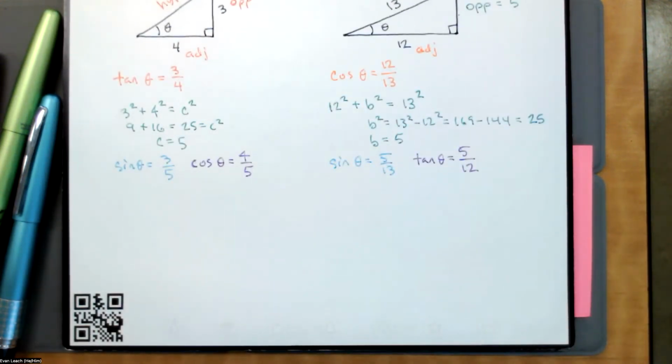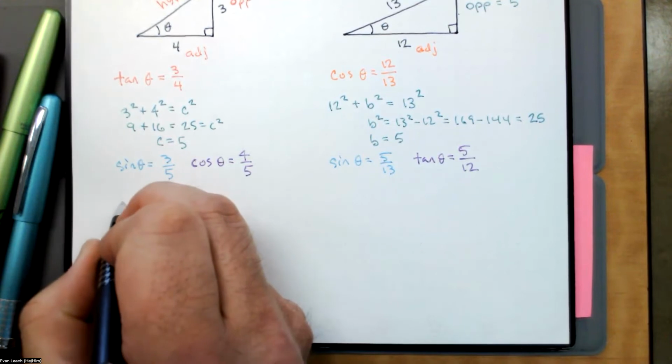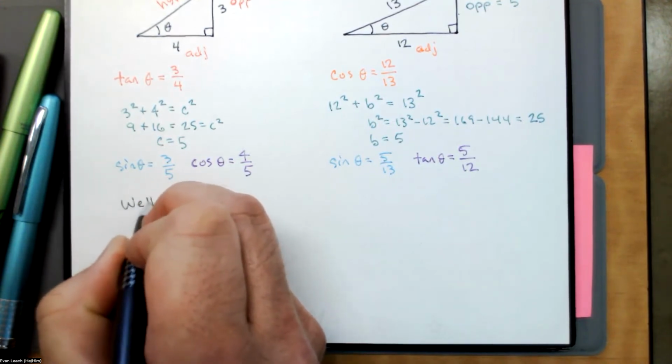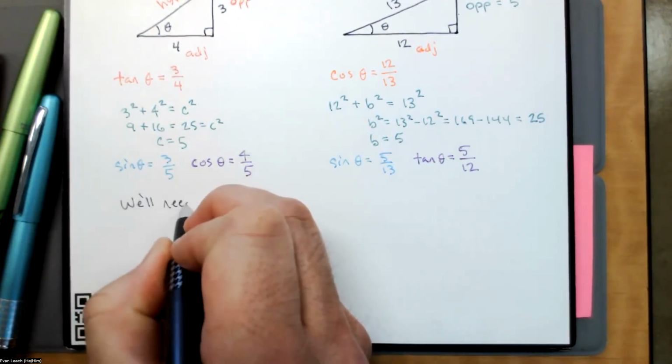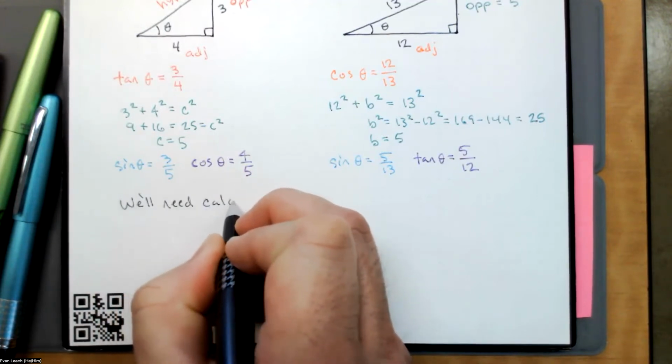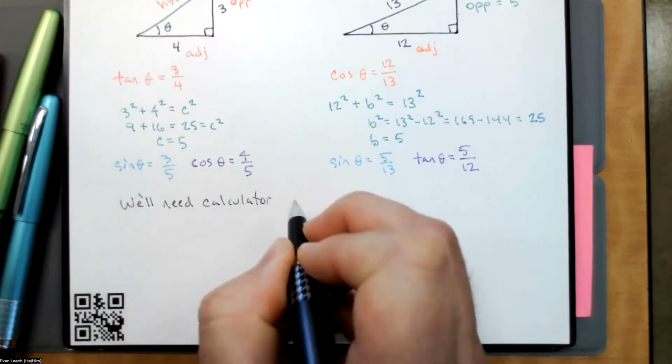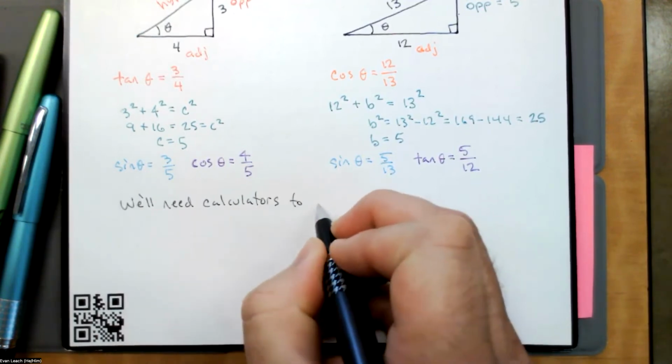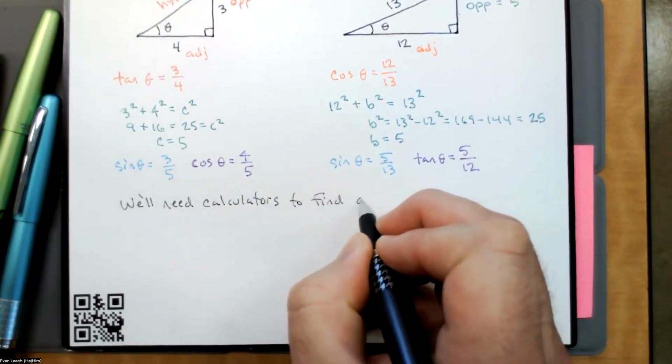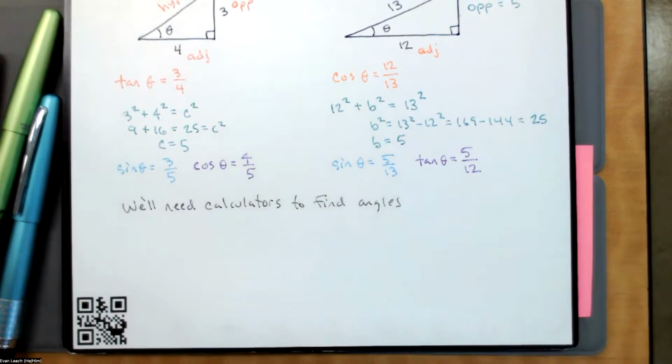So we're going to have to use our calculating machines to figure out angles from their trig ratios. We need calculators to find angles. We are going to learn some angles that we're just going to know the sine, cosine, and tangent of.